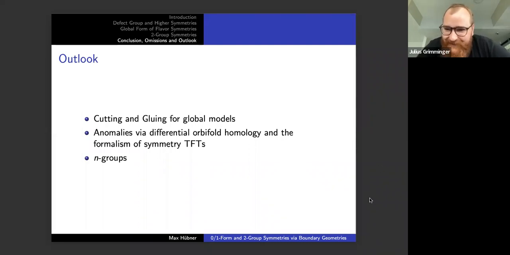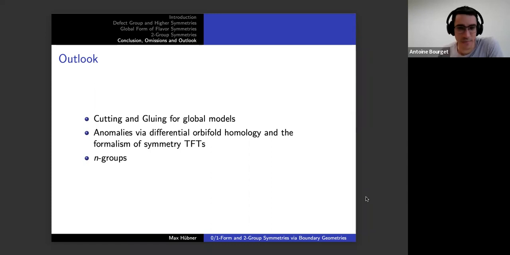Antoine. Yeah, I had a perhaps naive question, but I noticed that you always include the torsion in all your groups. So you compute the torsion of homology groups. So are there many cases where this is useful, where you actually have a free part and you have to kill it? And if so, what's the physical meaning of taking the torsion? Sorry, say again.